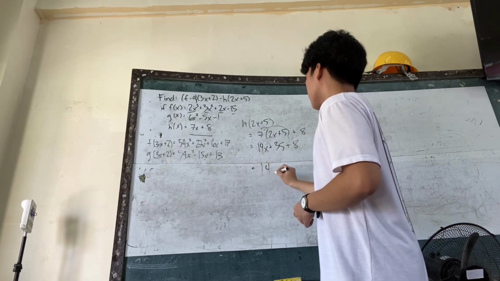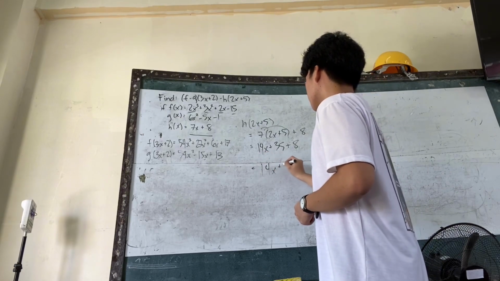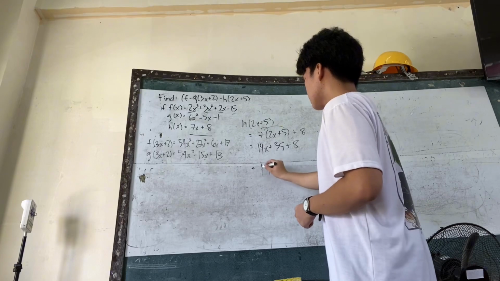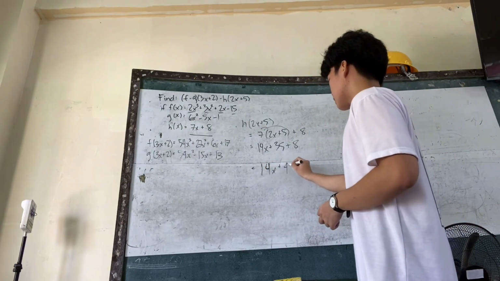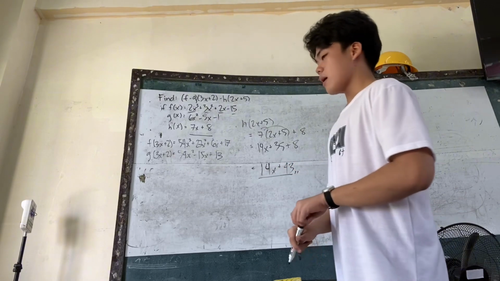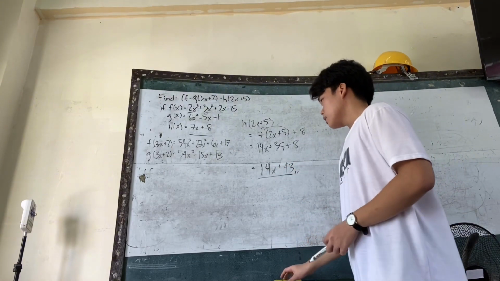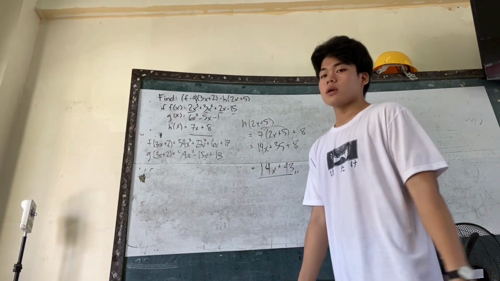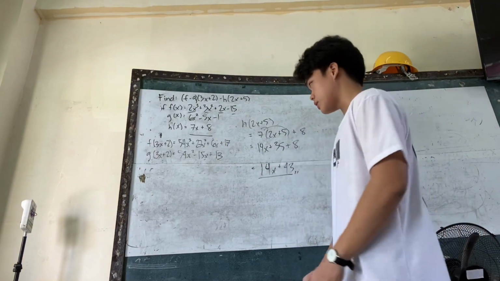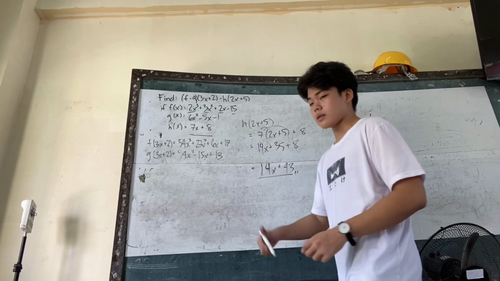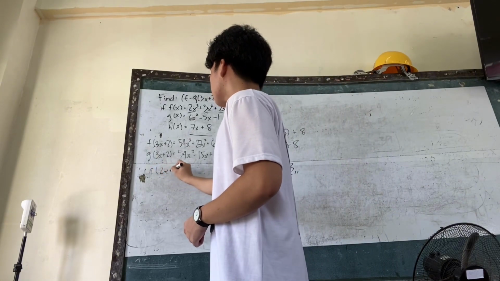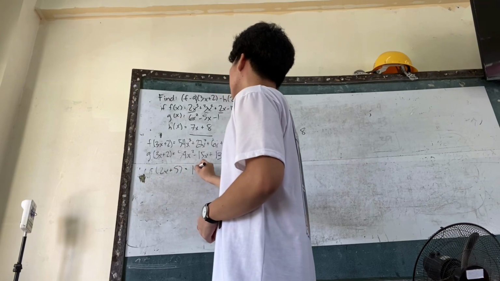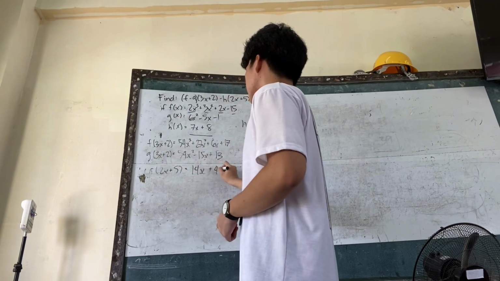We are going to solve for 35 plus 8. That would be 14x plus 43, and that would be our value for h(2x + 5). Of course, we are going to perform the operations. Let us write this down first: h(2x + 5) is 14x + 43.